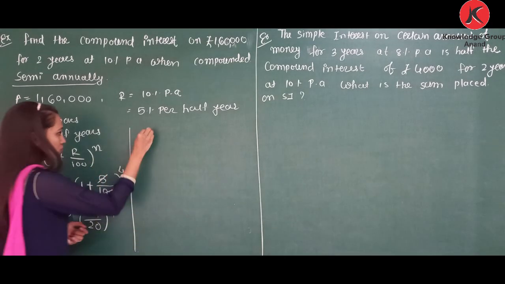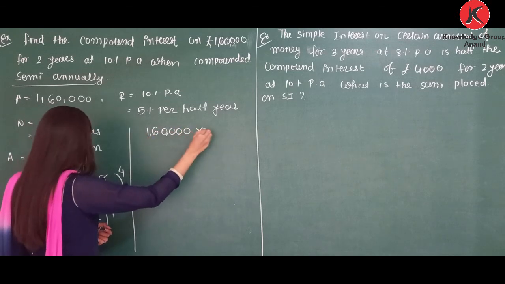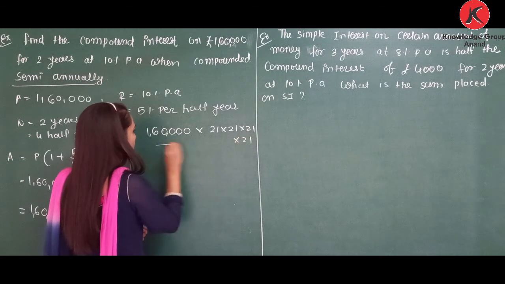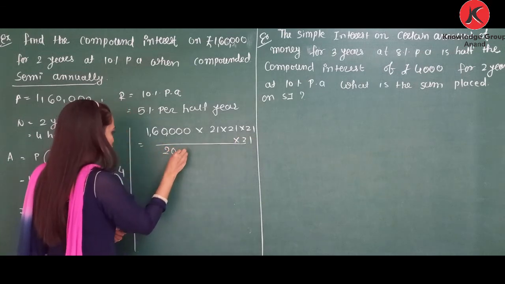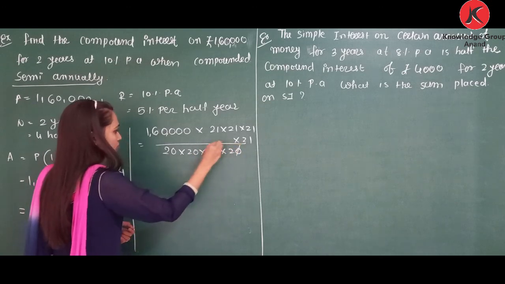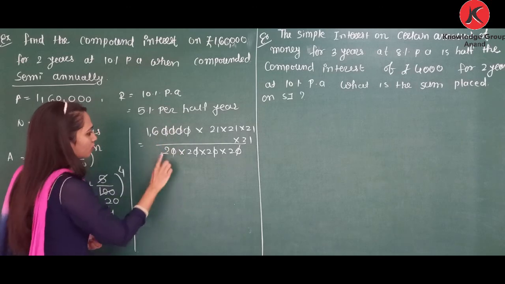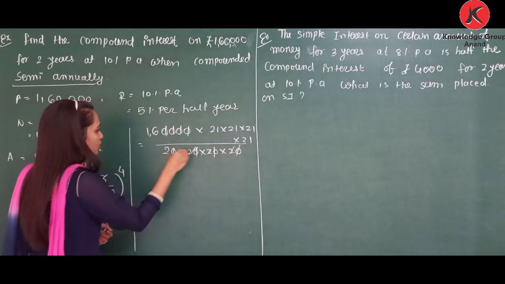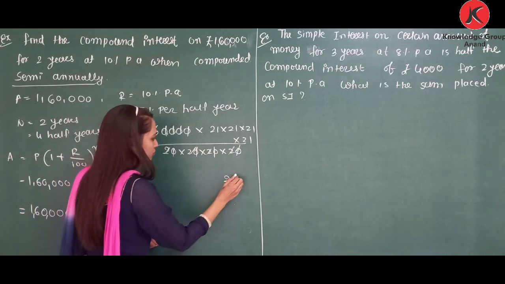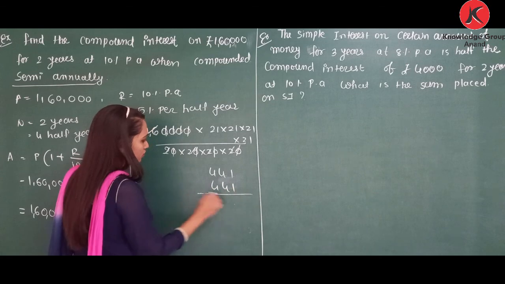So here multiply 21 four times, divide 20 four times. So here this will be cancelled. So multiply 21 four times.